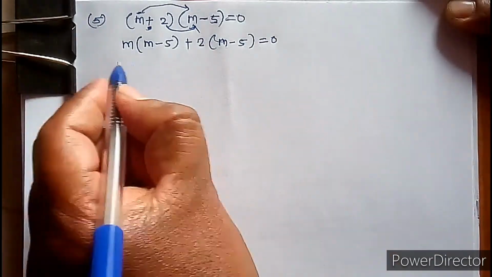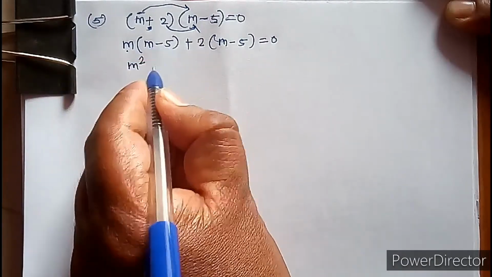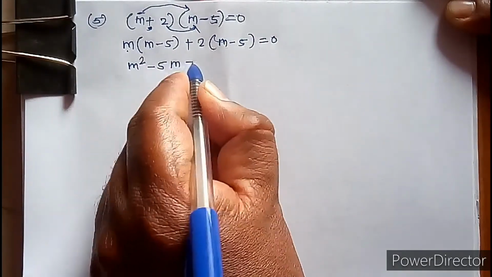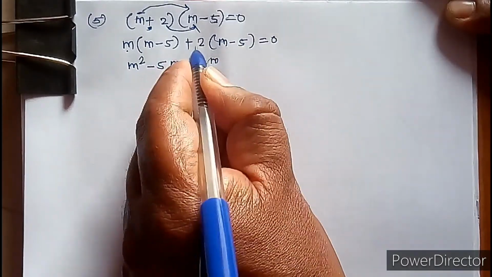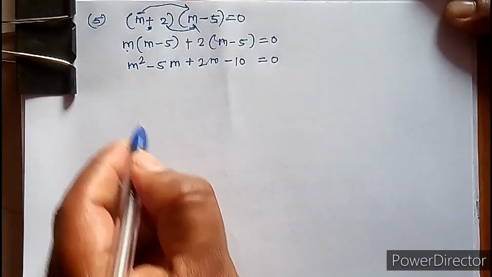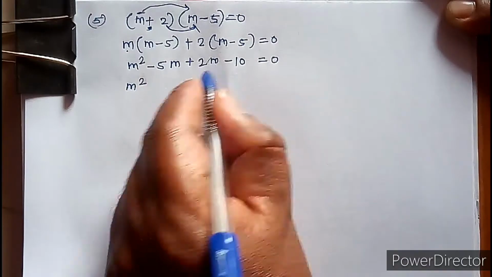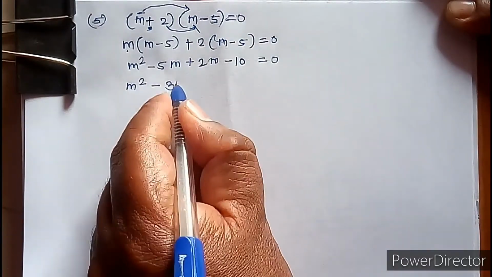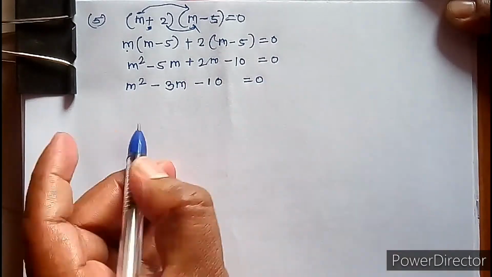Now simple multiplication: m into m is m square, m into minus 5 is minus 5m, plus 2 into m is plus 2m, 2 into minus 5 is minus 10 equals 0. Now m square minus 5m plus 2m, that is minus 3m, minus 10 equals 0.